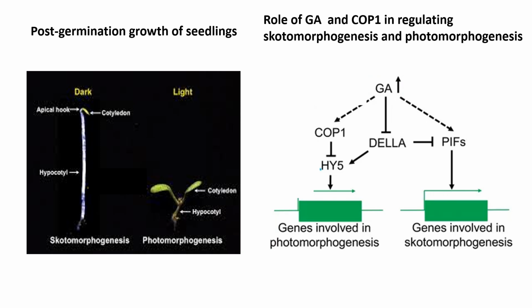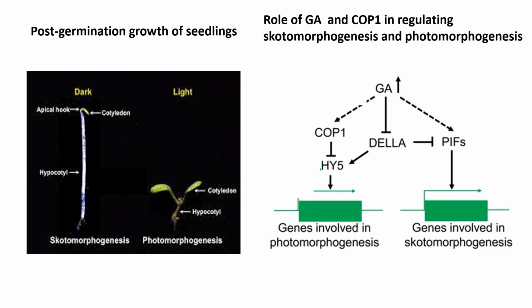Seedlings growing in darkness display scotomorphogenesis or etiolation, which is characterized by elongated hypocotyls, apical hooks, pale cotyledons, and short roots.